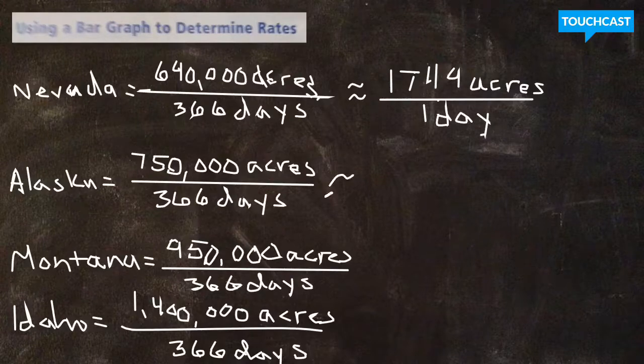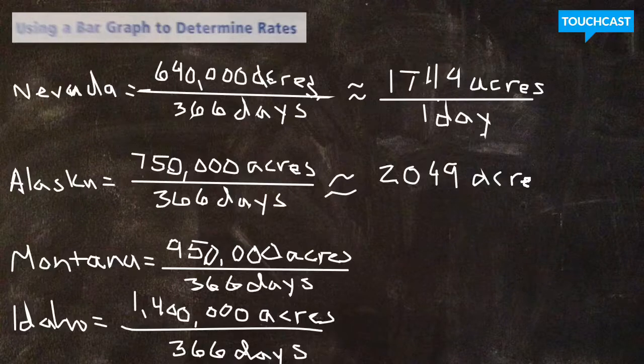If we divide 750,000 by 366, that's going to give us about 2,049 acres that were destroyed in Alaska per day.